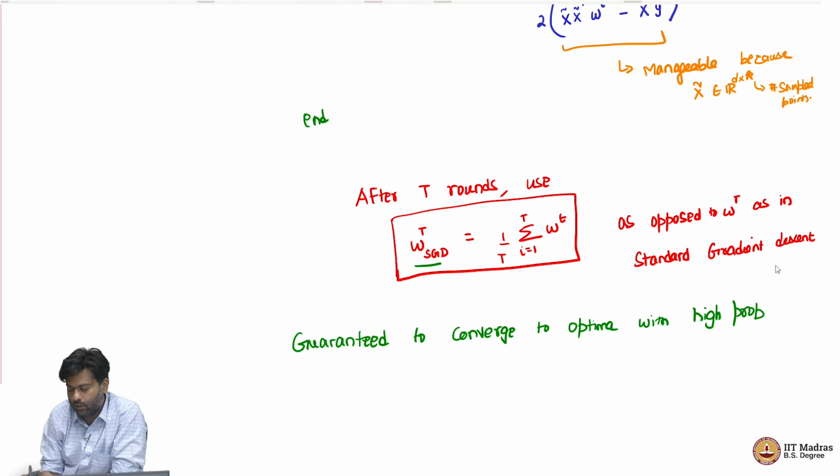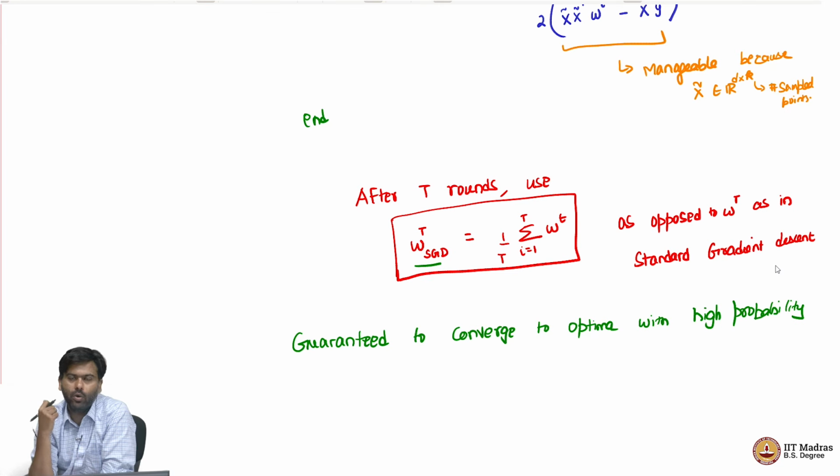Of course, because there is a notion of randomness involved in picking the data points, and a noisy gradient involved, we have to deal with probabilities here. But the guarantee that one can show is that you can converge to what you want, the W star, with very high chance, which is a good thing.